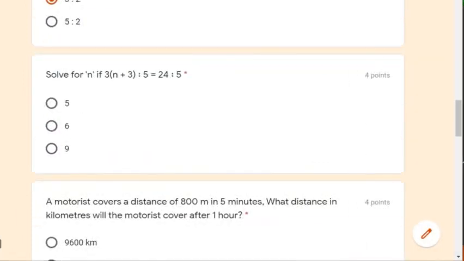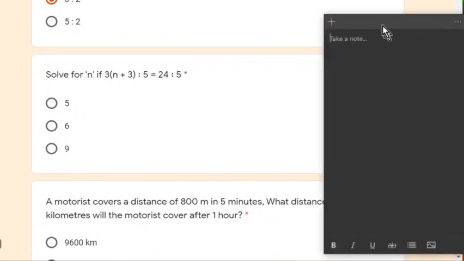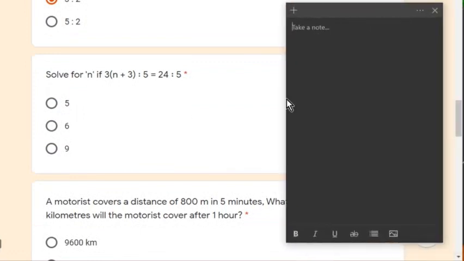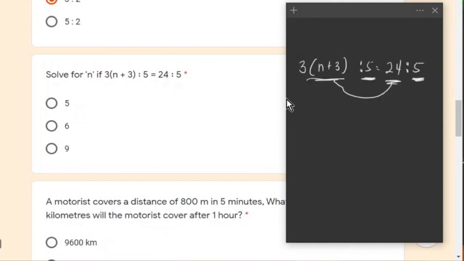Solve for n in this equation. So we have 3(n plus 3) is to 5 is equal to 24 is to 5. A very simple way of solving this, I noticed that there's no change in this figure here. So that means this 24 is equal to whatever I have here.